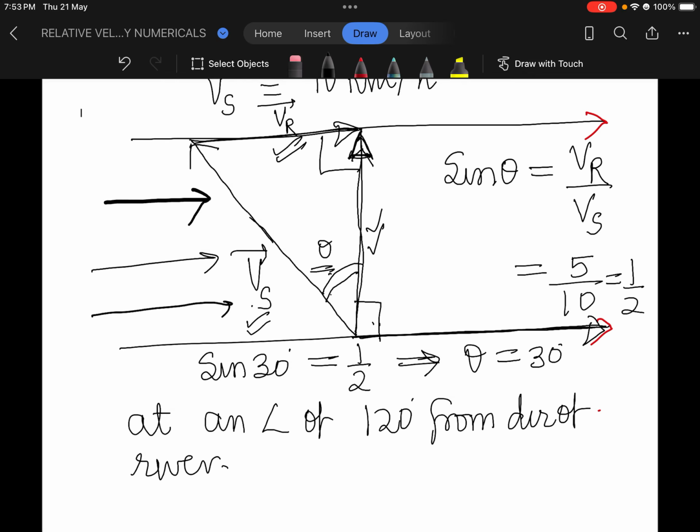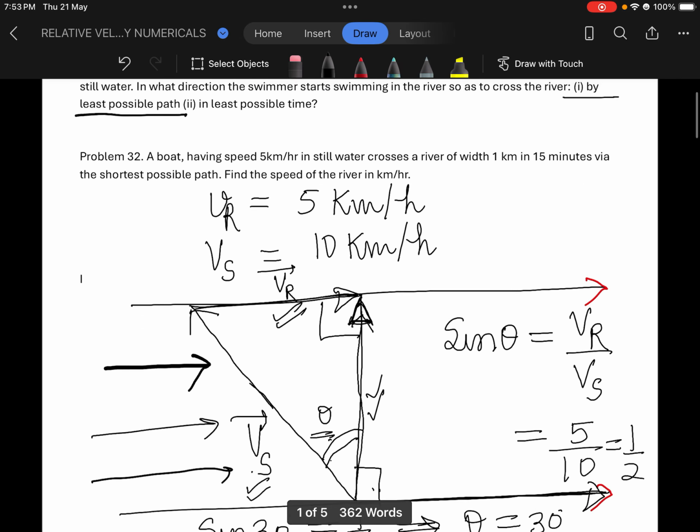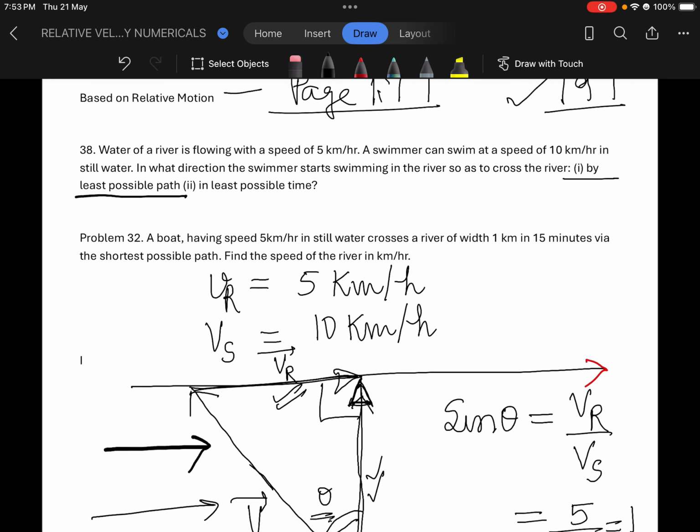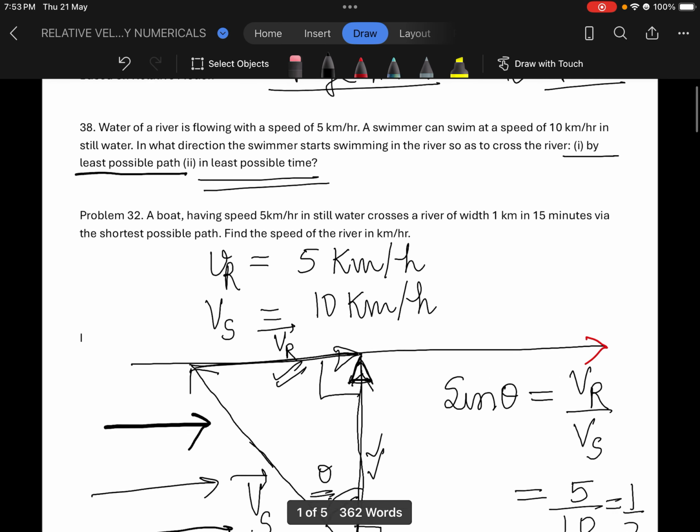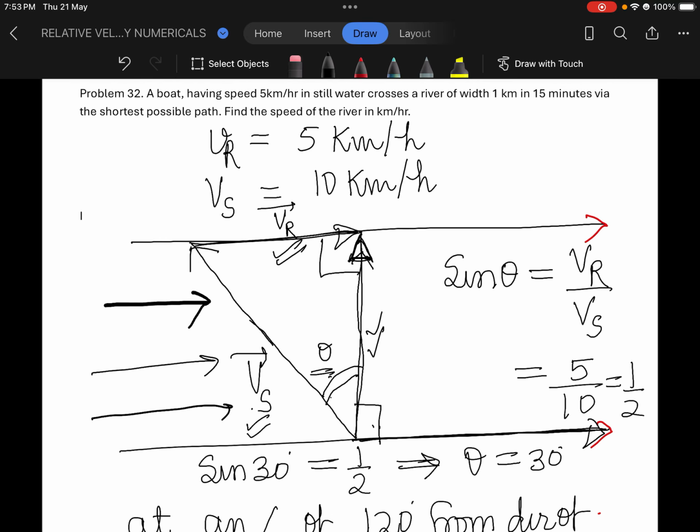Now the second part you can see here. In the second part, in the least possible time. So if we assume that the width of the river is d, it is clear. What will be the component of Vs in this direction? You can see here, this is the actual direction of the swimmer.